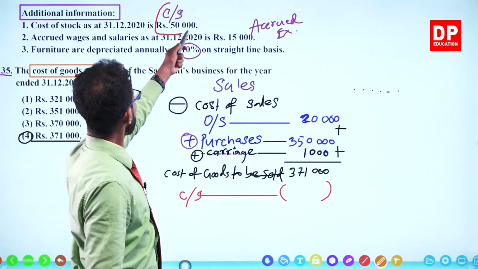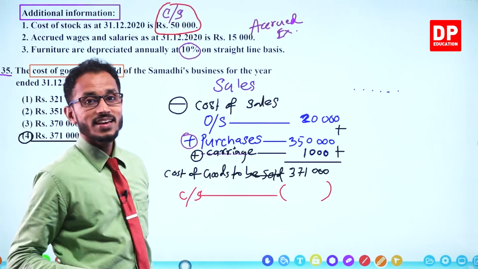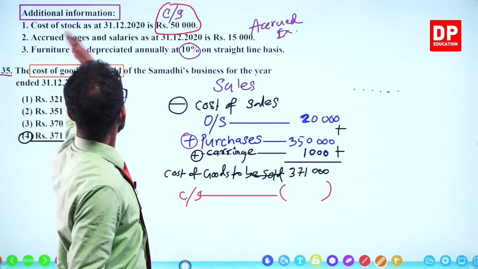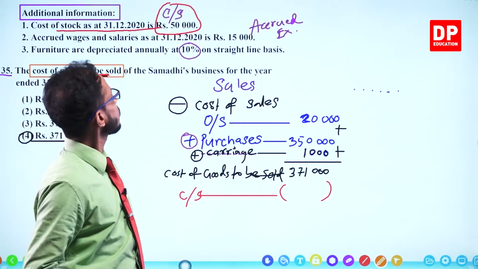What is that shape? Are you kidding? Not cost of sales, man. It's closing stock. Closing stock, 50,000.